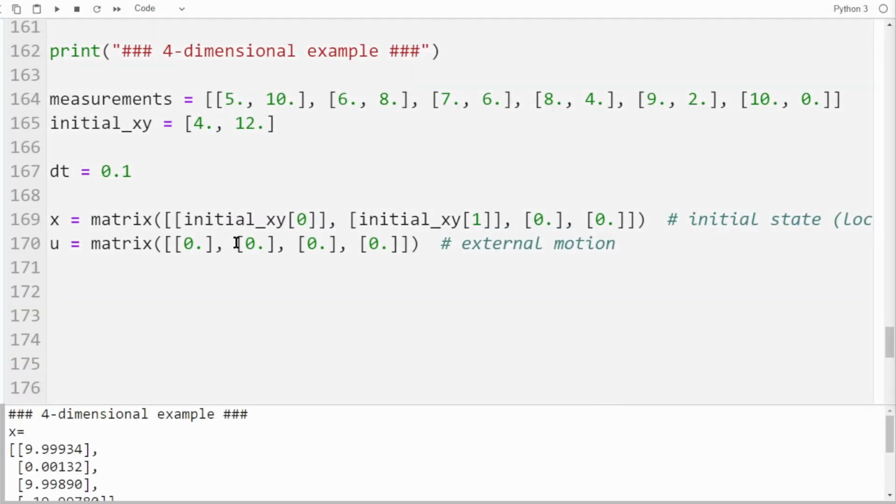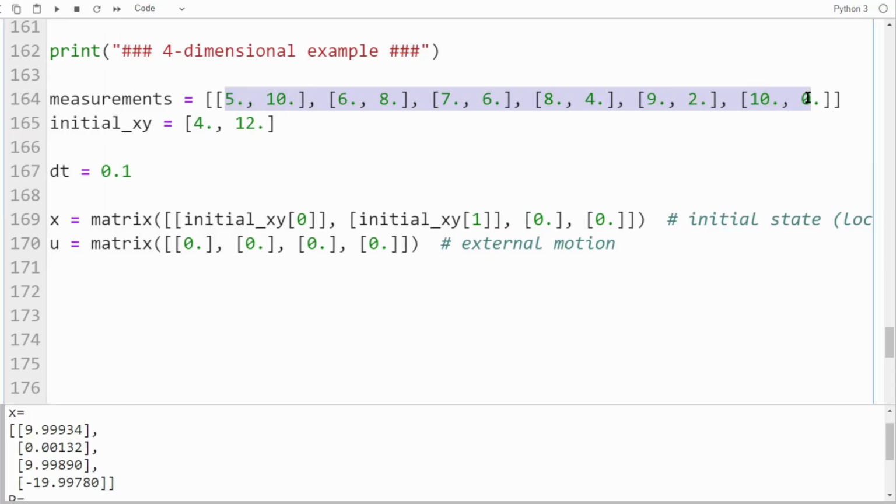So when I run this, I get as an output, for my 4-dimensional example, the coordinates 10 and 0. And this makes sense, given that these sequences over here, here is a final measurement 10 and 0: 5, 6, 7, 8, 9, 10 and 10, 8, 6, 4, 2, 0.